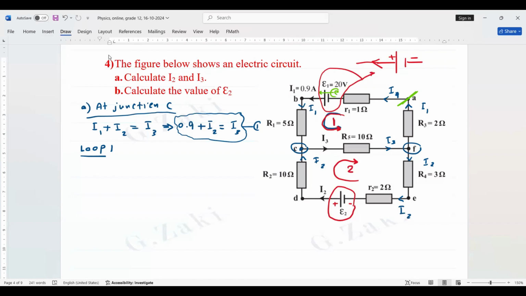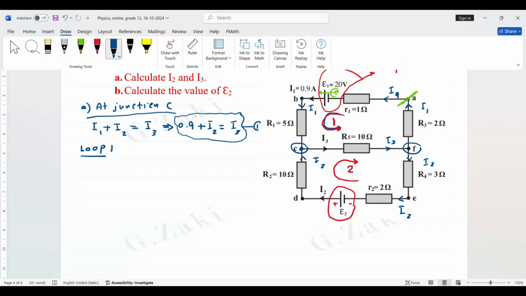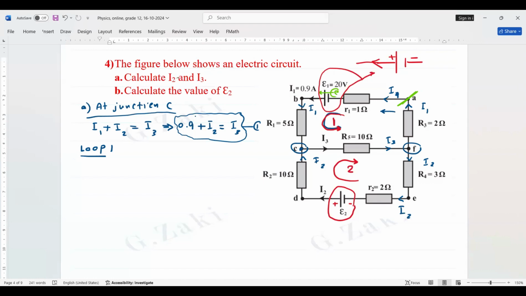Now, loop 1. We start from this and go in this direction. We have the current I1. It is the same direction as the loop, so it is negative 1 I1 because it's the resistor. The electromotive force flows the same direction as loop 1, so it's positive, plus 20. The current is I1 and the resistor is 5, the same direction, so negative 5 I1.